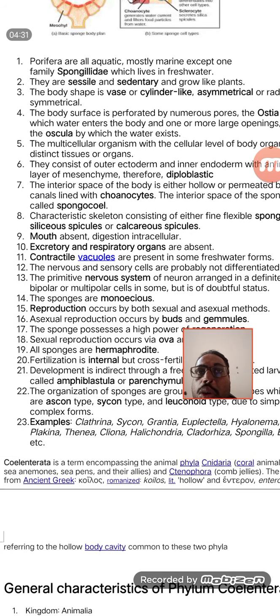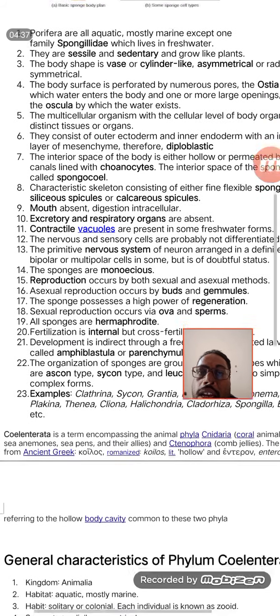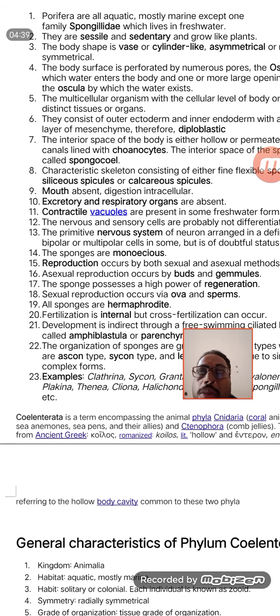Reproduction occurs by both sexual and asexual methods, and the asexual methods are most commonly buds and gemmules. We have discussed gemmules in the plant kingdom. Buds means a small outgrowth or protrusion, and they have a very high power of regeneration. That means if one body part is cut, that body part can regenerate into a full one.